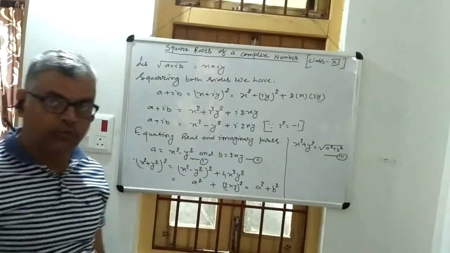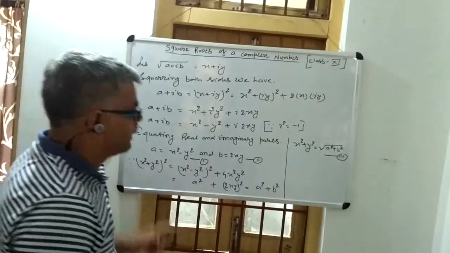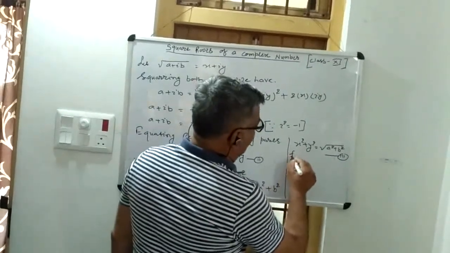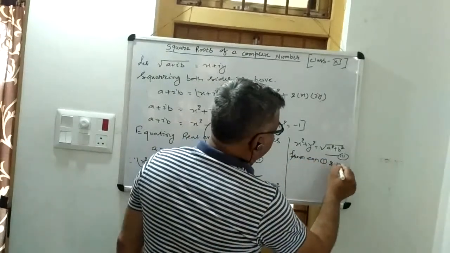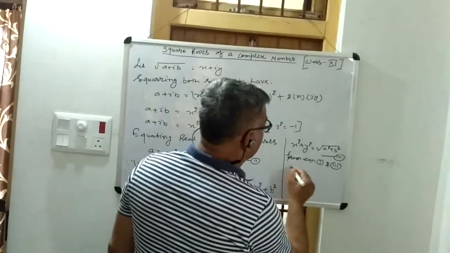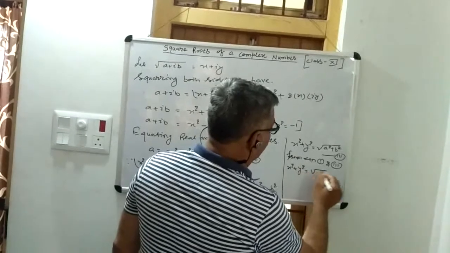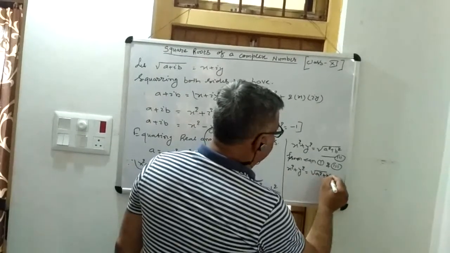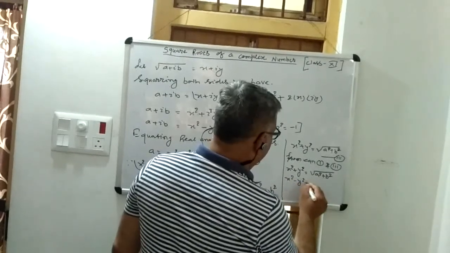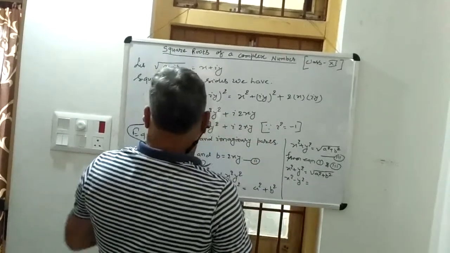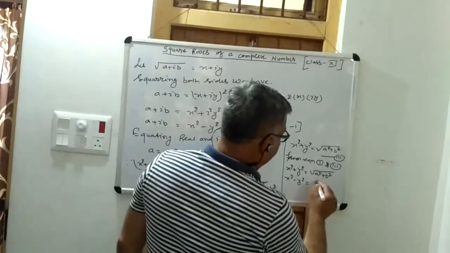Now solve equation number 1 and equation number 3. From equation 1 and 3 we have x square plus y square equals under root a square plus b square, and x square minus y square equals a.